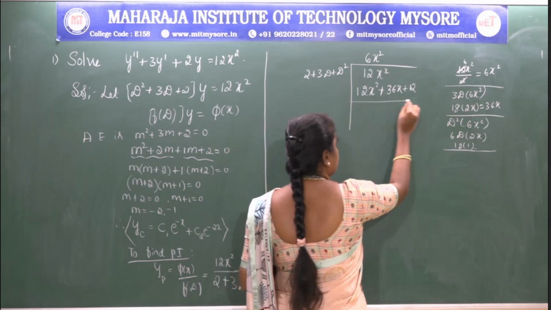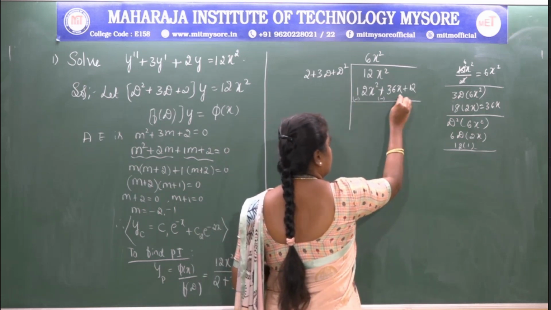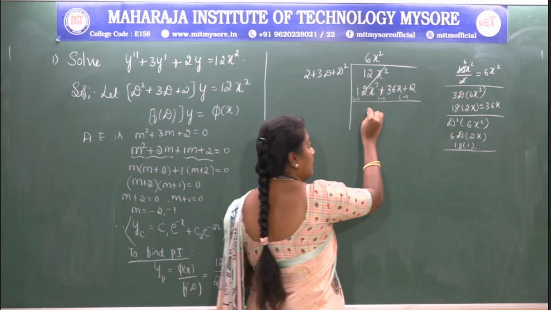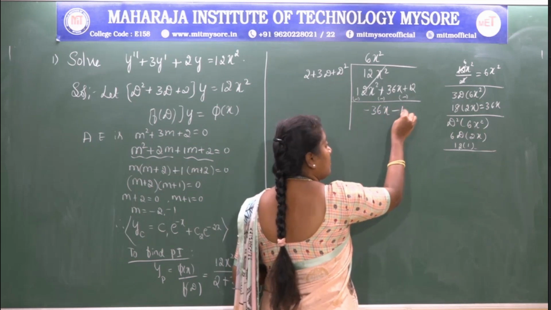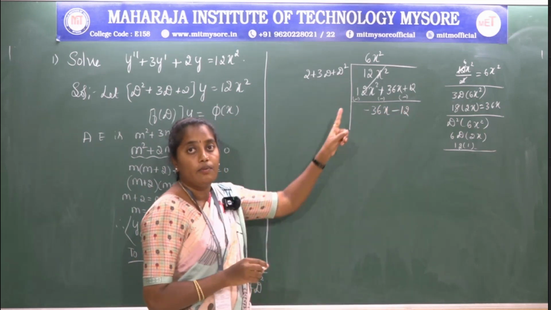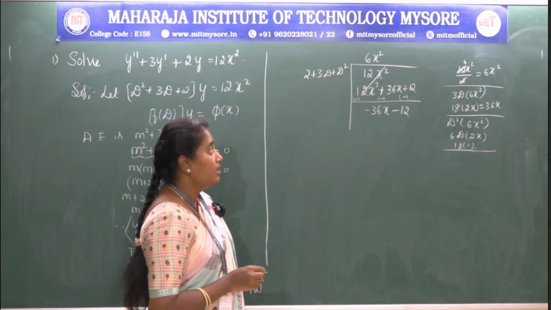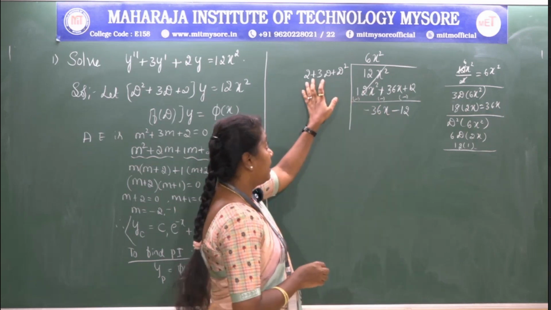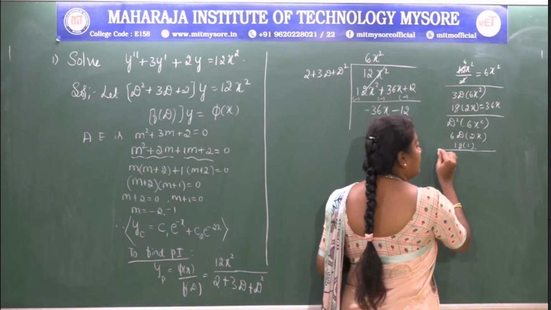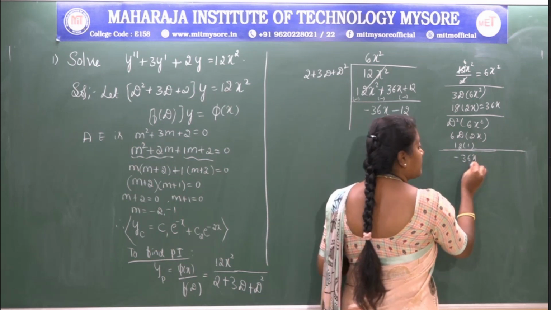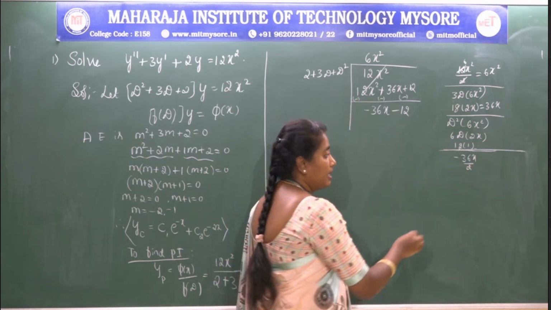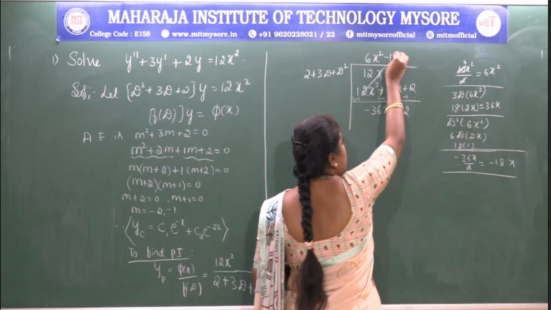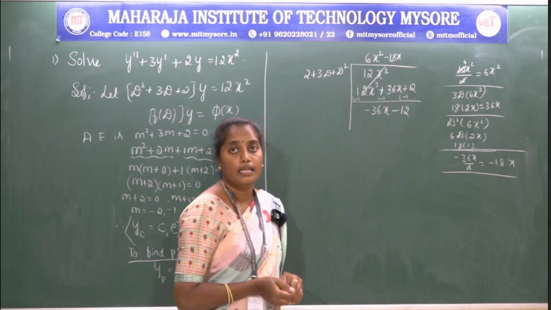On simplifying this, 12x square minus 12x square get cancelled, we are left with minus 36x minus 12. So to get the next quotient element, again divide the first element by the first element, that is minus 36x divided by 2. We get minus 18x. So the next quotient element is minus 18x.